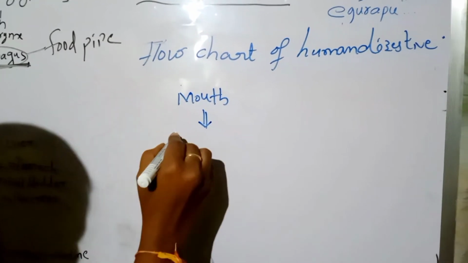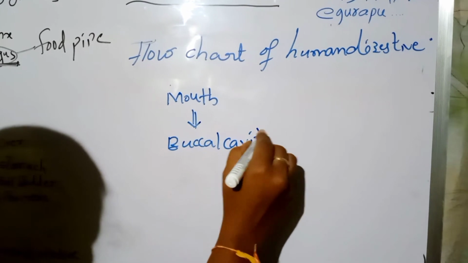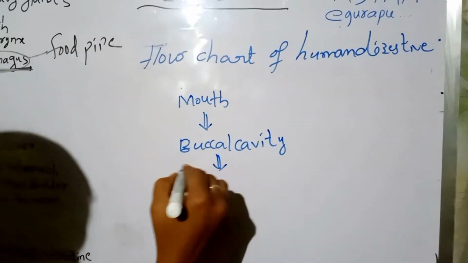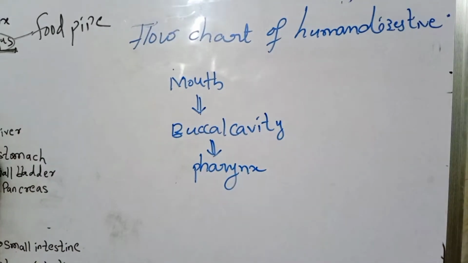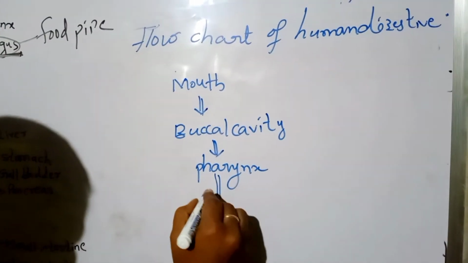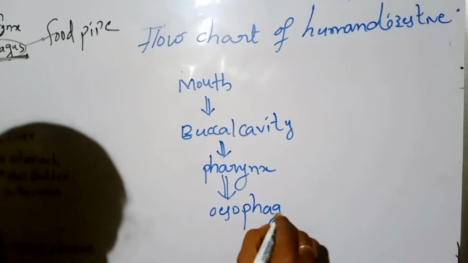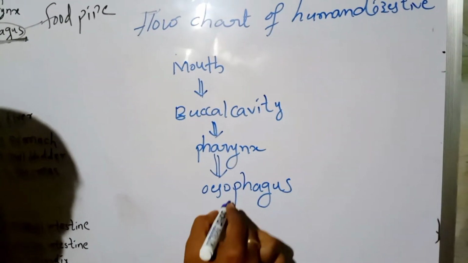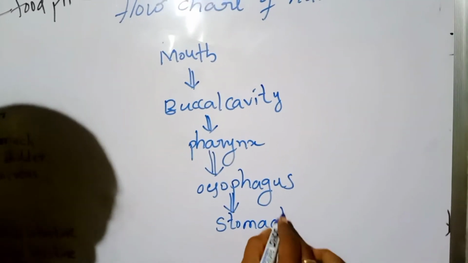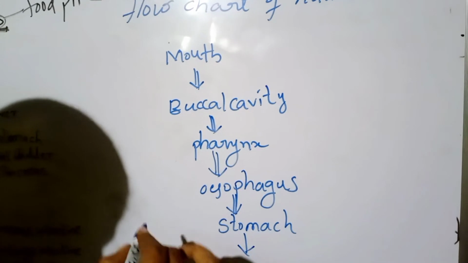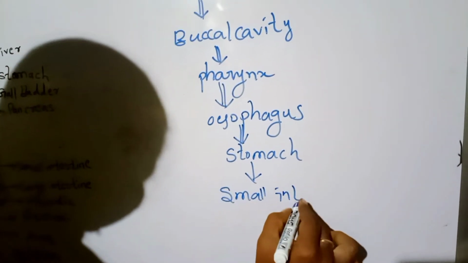From here food enters the buccal cavity, then the pharynx, then the esophagus, then the stomach, then the small intestine.